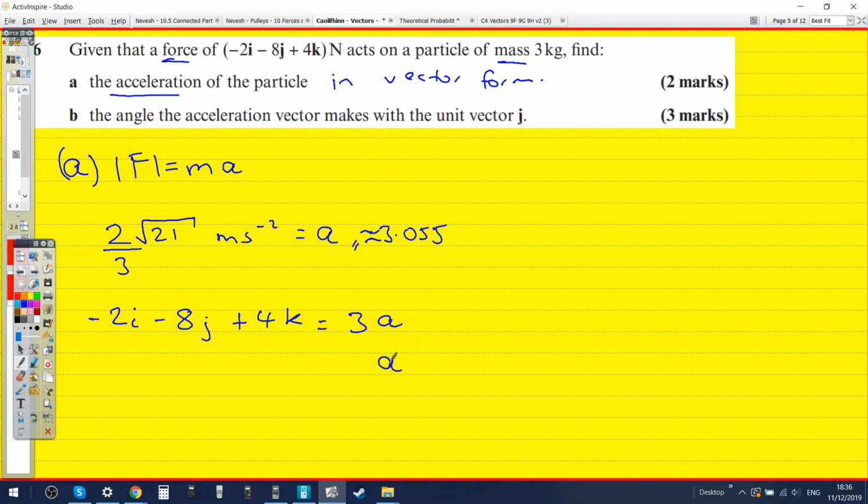And so what is a equal to in vector form? Minus 2/3 of i, minus 8/3 of j, plus 4/3 of k. And so this is the acceleration vector.